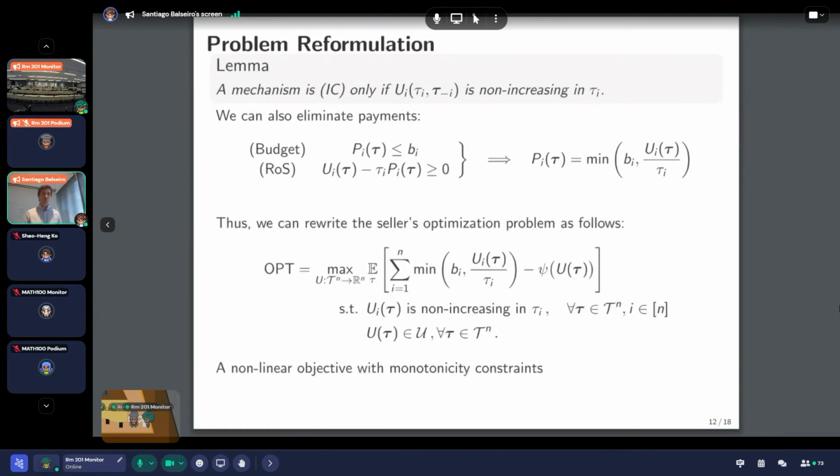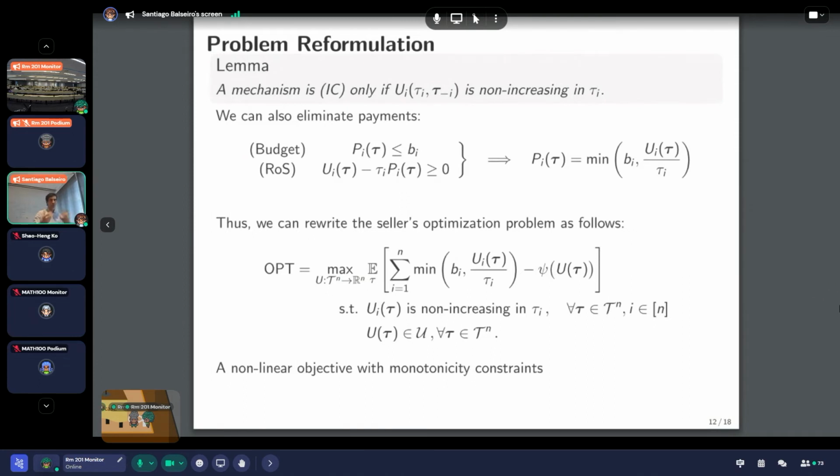So with these ideas, we can write the problem as follows. Instead of optimizing over the allocation and payments, now we are optimizing over these expected value functions. And payments, we replace using this formula. It's going to be the minimum of the budget and the expected value over the target. And now for the cost, we use our cost function because at any value level, we're going to pick the minimum cost.